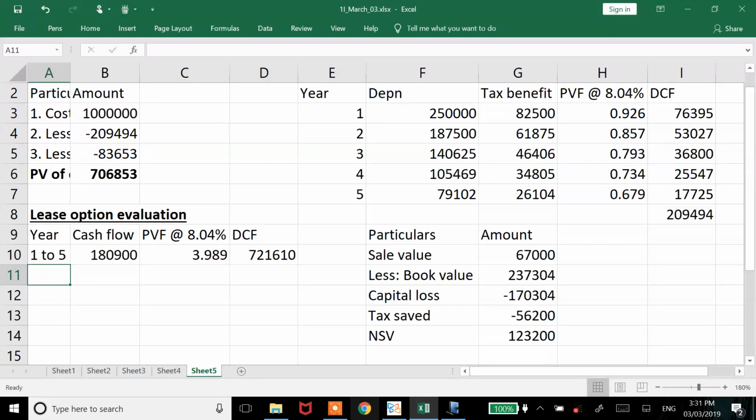I'll then explain the sensitivity part, which is the critical one. It'll take a little bit of time to go through that.